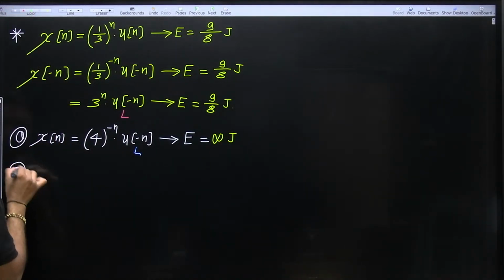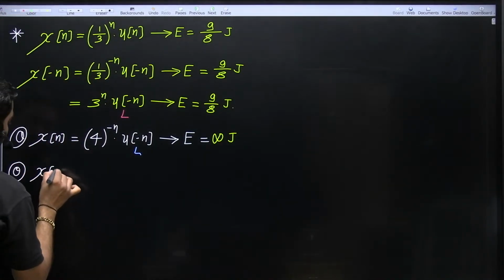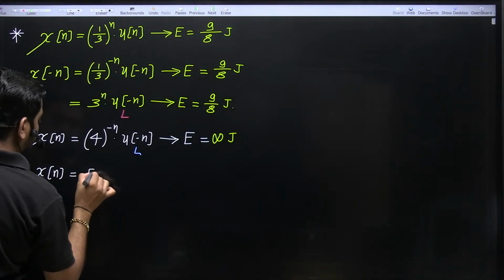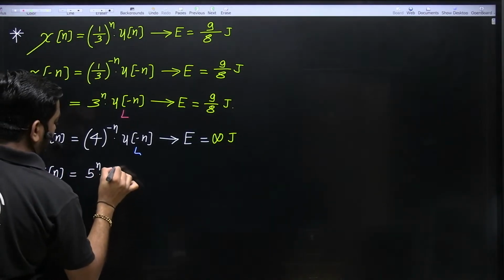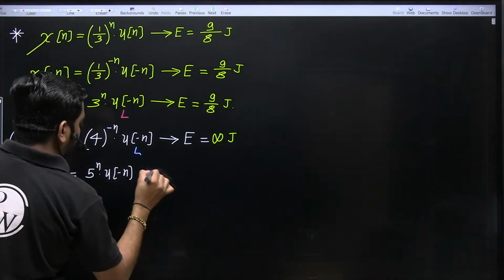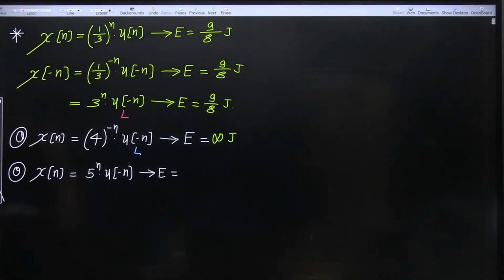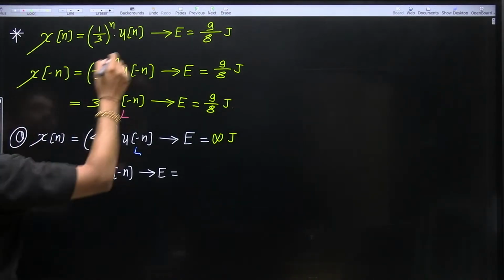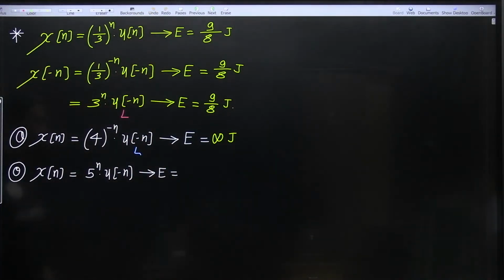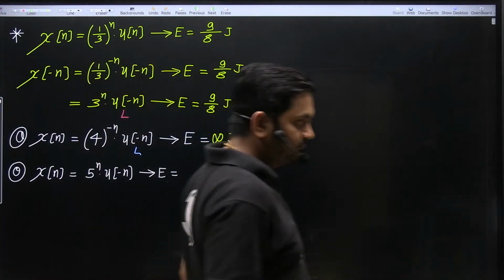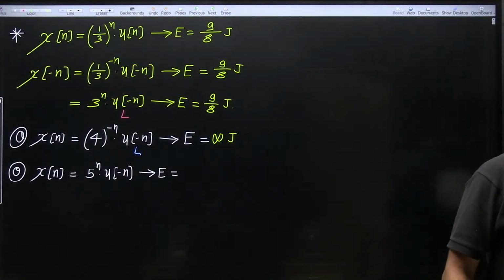Now suppose I am asking to find the energy of 5 power n into u of minus n. Tell me, increasing or decreasing, and what will be the energy? If it is a decreasing function, then what will be the energy of this signal?